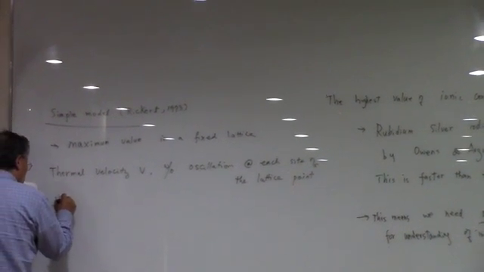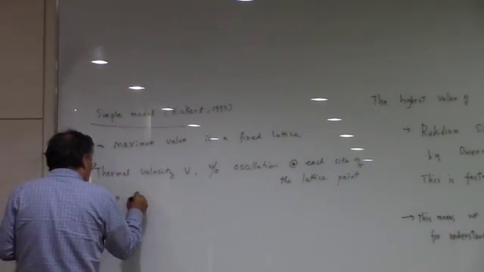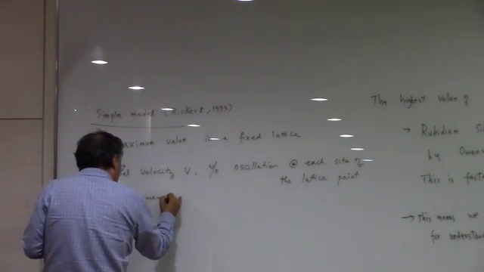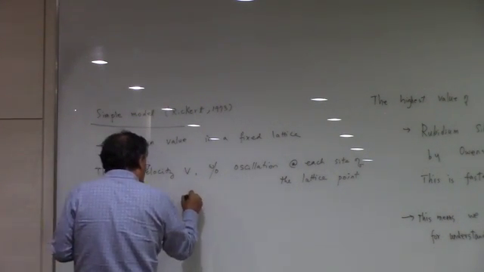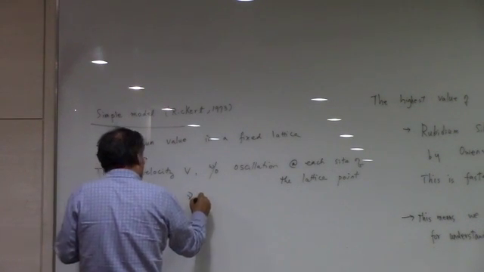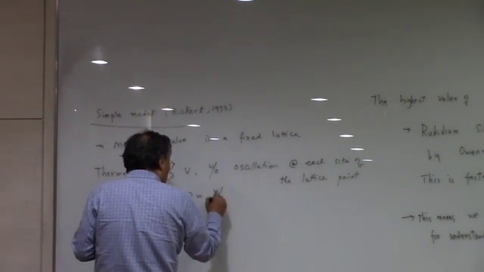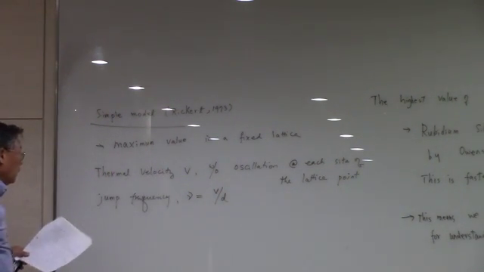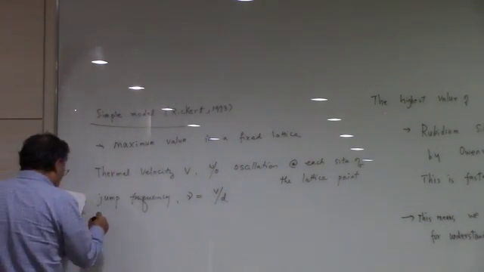And the jump frequency, let's say nu, is just the velocity v over the distance between the jumps.